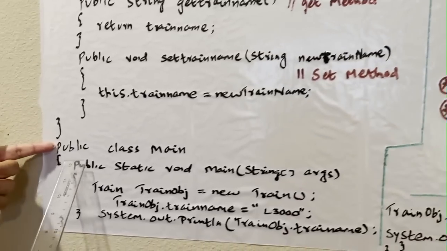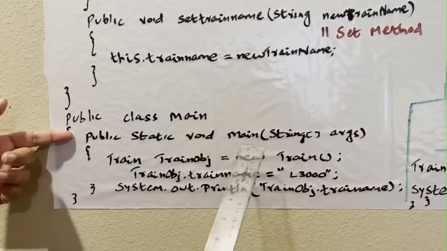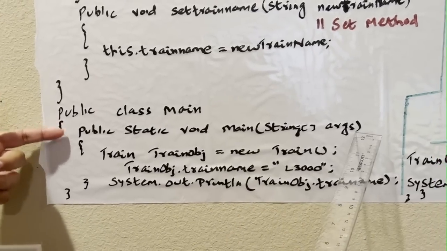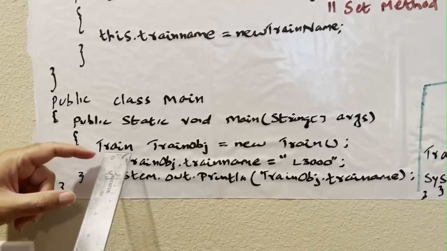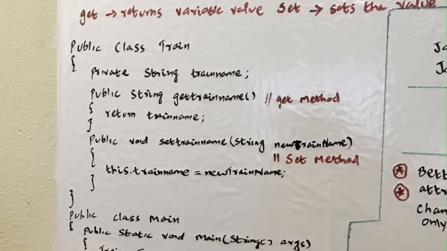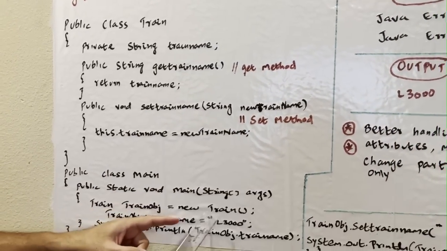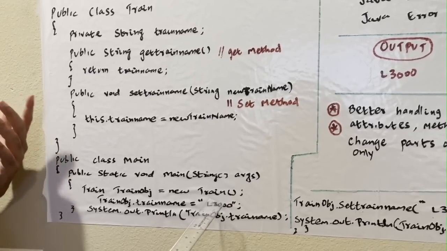So this is the main program. The public class main, public static void main string arguments. Here is the most important part you got to see. So train. What is train? It's a public class object. Train object equals new train. So we are instantiating or creating an object of the class.